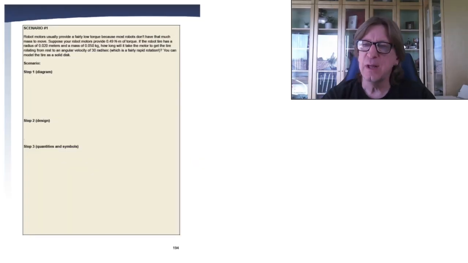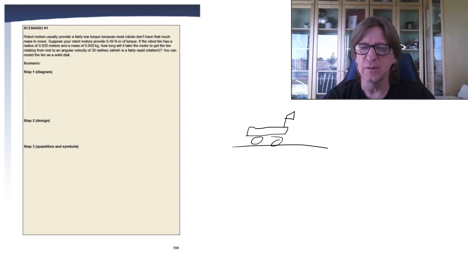All right, so now we've got a really practical scenario. I'm looking at my robot from the side, for example, right here. So there's my robot, there's his sensor. And I want to start this wheel turning. That wheel is connected to a motor that's applying a torque to it. Once I get that torque moving, then I can get my wheel moving from this. Suppose my robot motors are applying 0.49 Newton meters of torque.